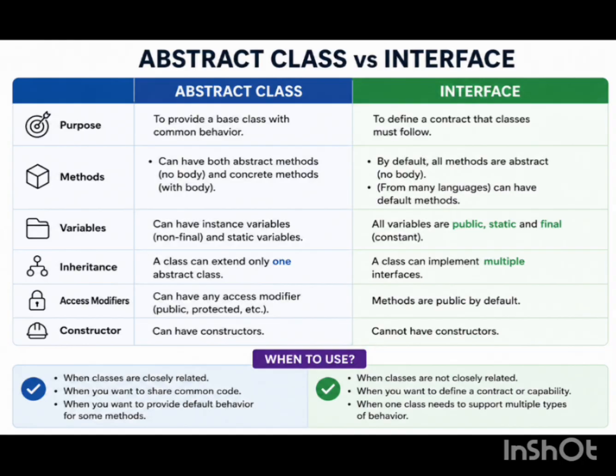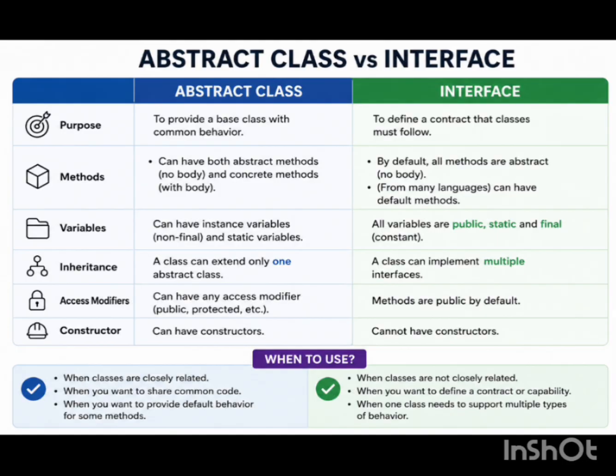One more is about inheritance. A class can extend only one abstract class, because in C# multiple inheritance is not supported. For example, I have two abstract classes, A and B, both with a similar method declaration, and class C tries to inherit both.